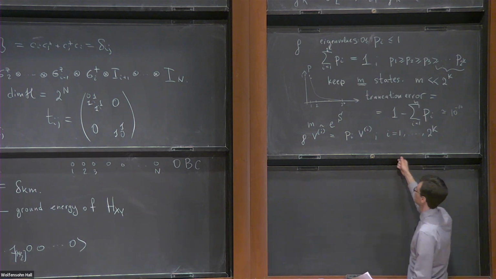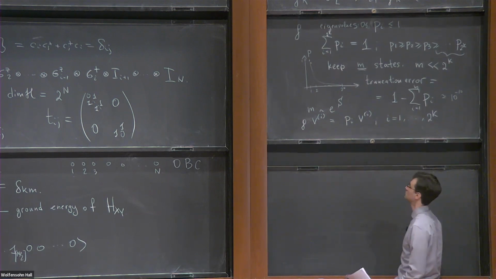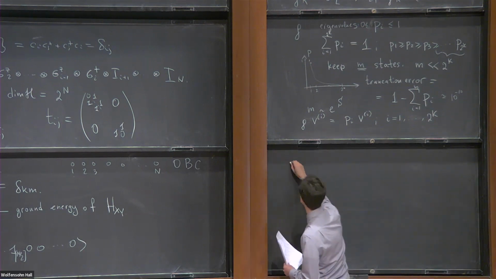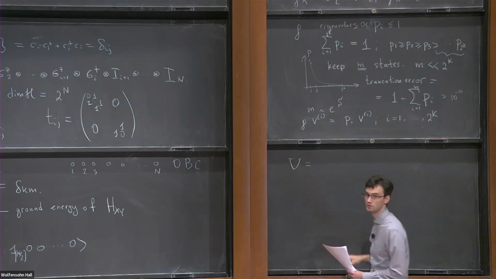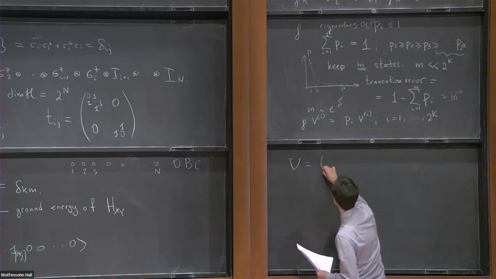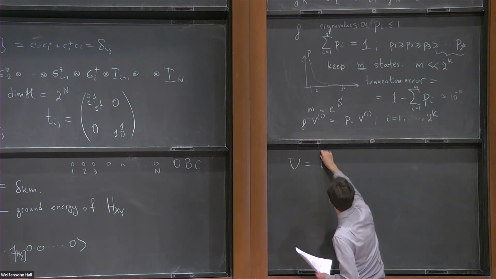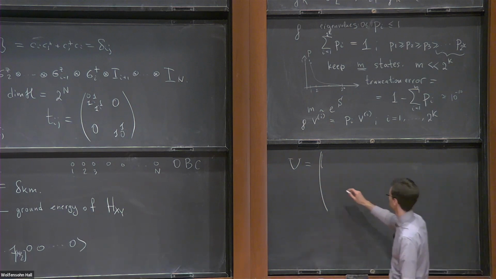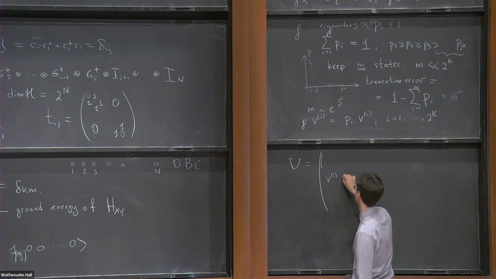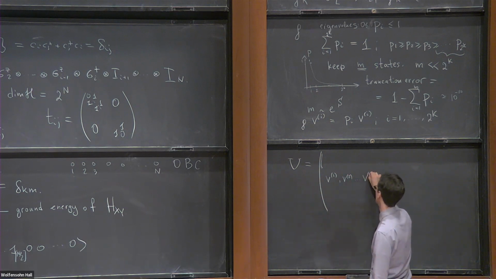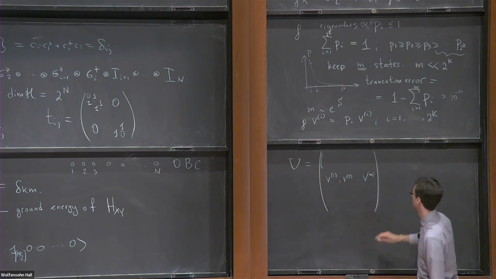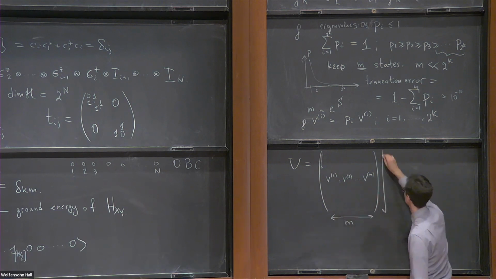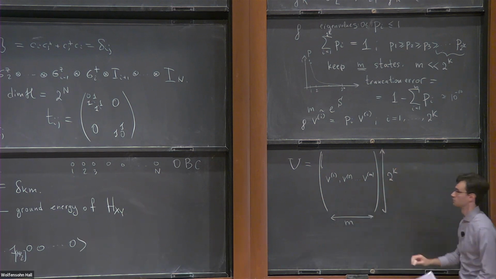As I said, I keep only the m most probable states, and I can build a matrix, let me call it U, of these eigenvectors of the most probable states. This matrix has a rectangular shape: V1, V2, up to Vm. The horizontal size is m, and the vertical size is 2 to the k.